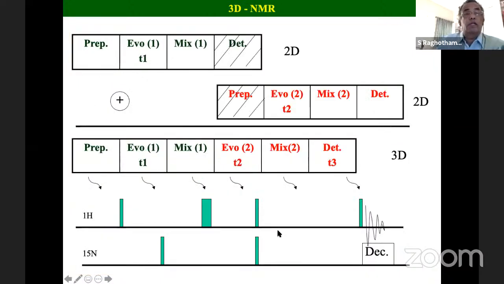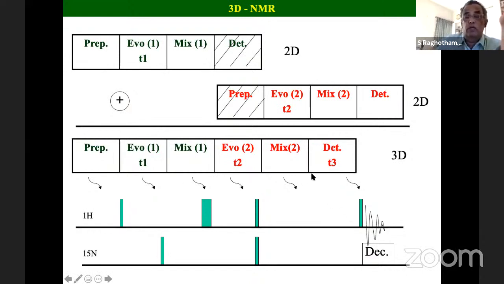Now what is a 3D spectrum? It's a further extension of this 2D spectrum. You can even think of it as a combination of two 2D spectra. So you start with, again, a preparation period, evolve in time T1, mix it in a particular way, don't detect it, evolve it again in some other fashion, mix it, and then eventually detect it.